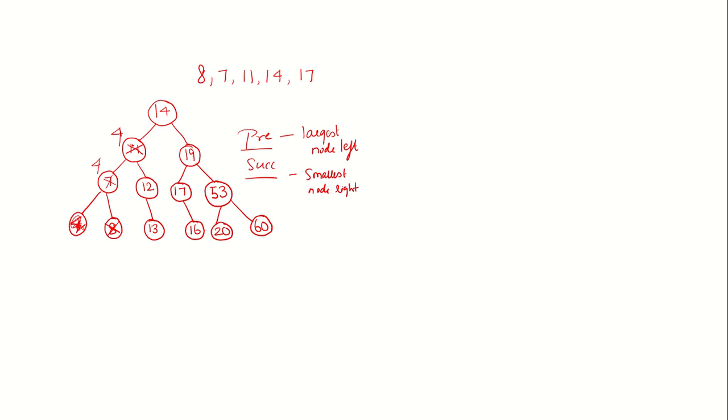So either you replace 11 with 4 or with 12. So replace a node with two children with either the predecessor, the largest node in the left subtree, or the successor, the smallest node in the right subtree. So 11 will be replaced with 4 or with 12.